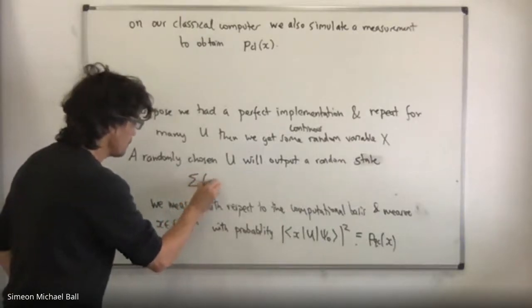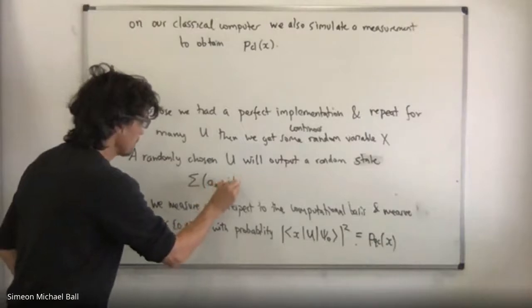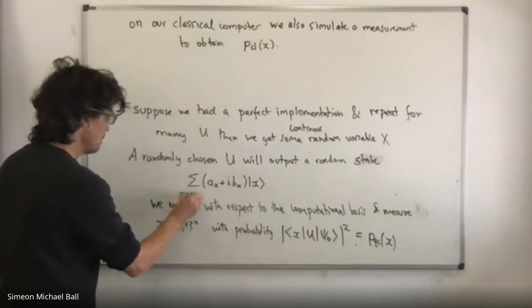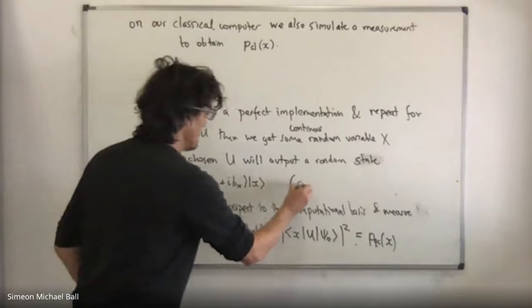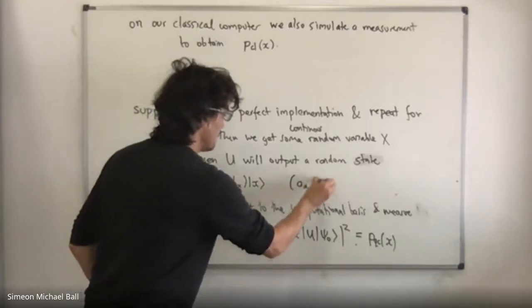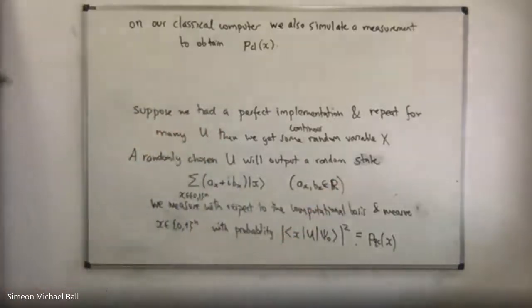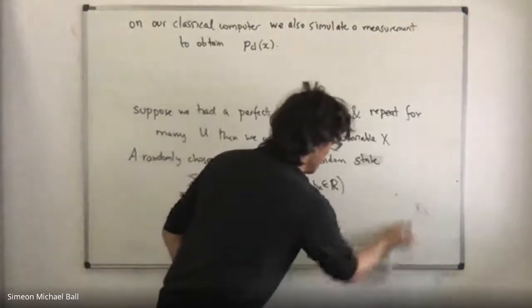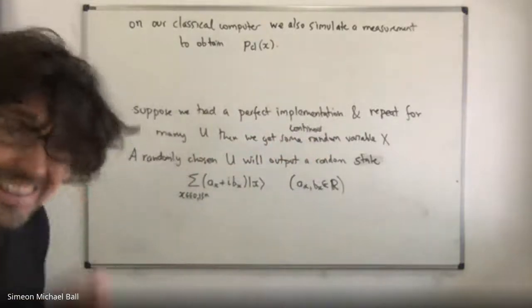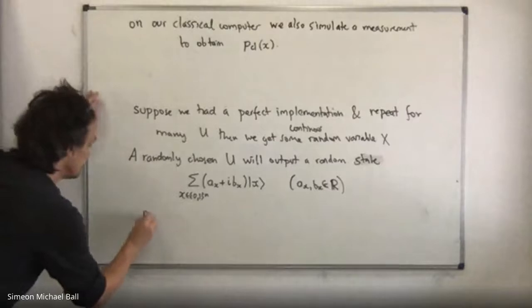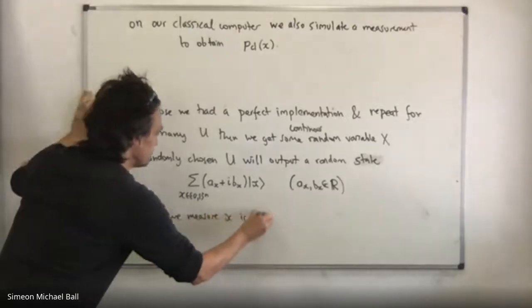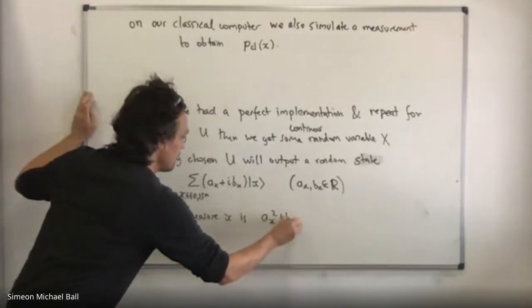I'm going to write the coefficients here as real numbers, so x is going through 0, 1 to the n, with coefficients ax and bx. So what's the probability we measure x? It's going to be ax squared plus bx squared.